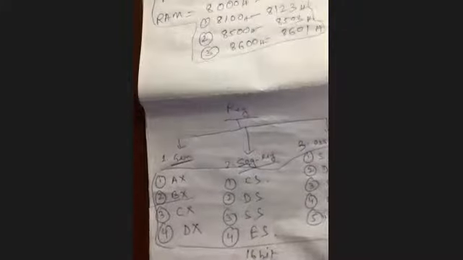Similarly, these segment registers and offset registers are not paired with just anyone; there are specific pairs. This is the formula to generate the physical address.